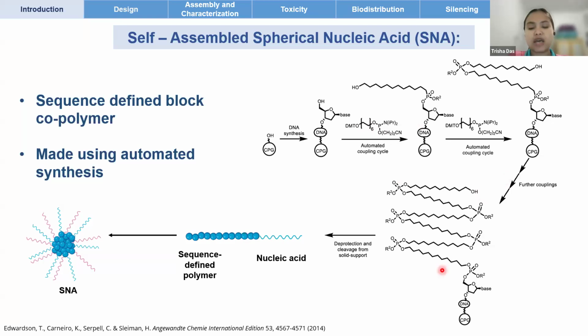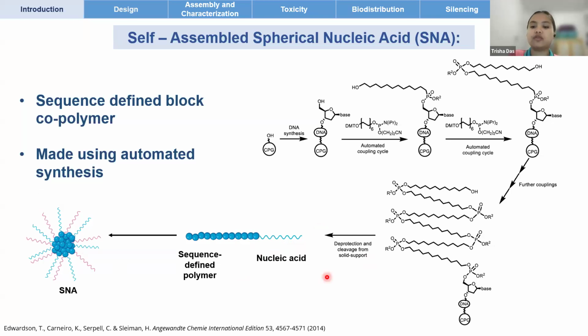For our studies, we're essentially adding 12 of these dodecyl alkyls, and then after they're cleaved and separated from the support, we essentially have a sequence-defined polymer with a hydrophilic nucleic acid portion and a hydrophobic alkyl portion, which can then assemble to form the spheres.